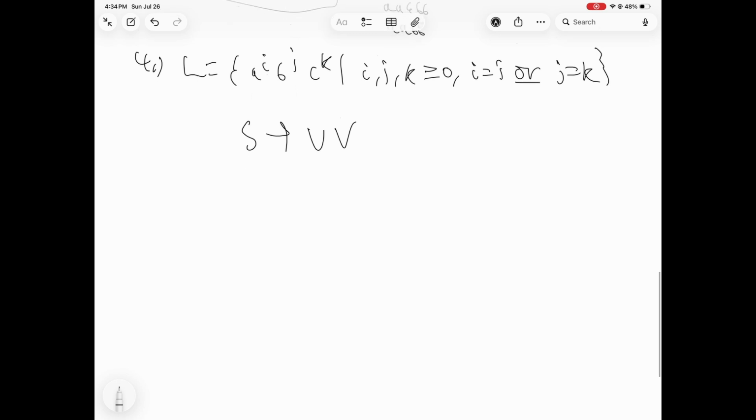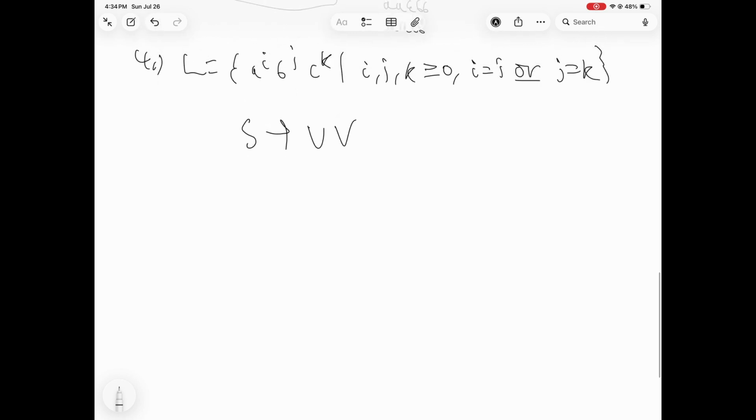Okay, let's continue. So what do I mean by option 1, option 2? Well, this can be option 1. So let's take the path of option 1 for U. In option 1, the number of i's is equal to the number of j's, which is basically the equivalent of saying a to the I, b to the I, c to the k.